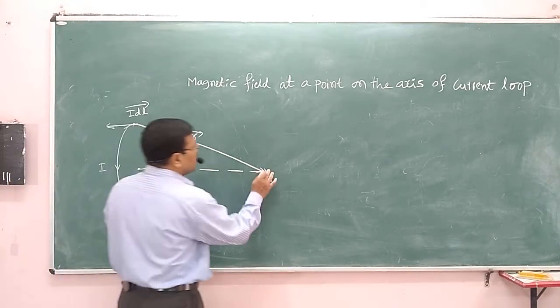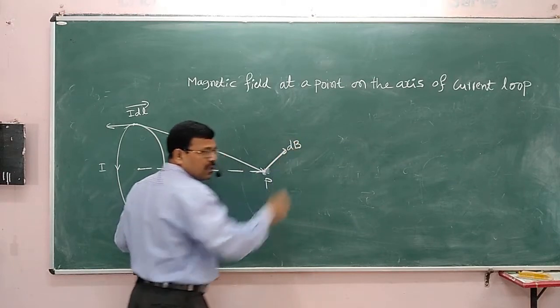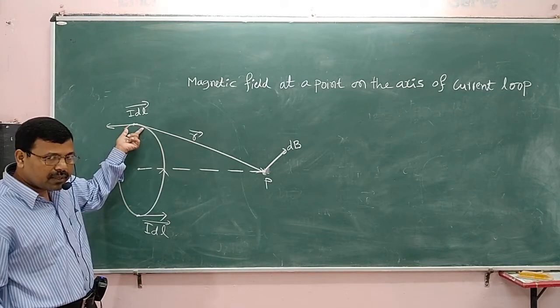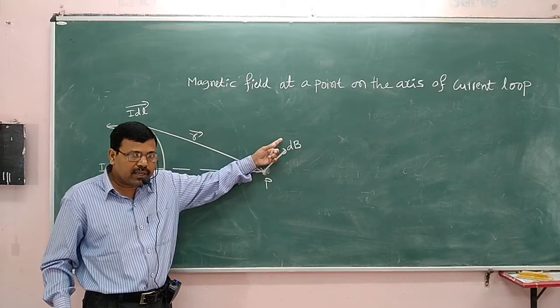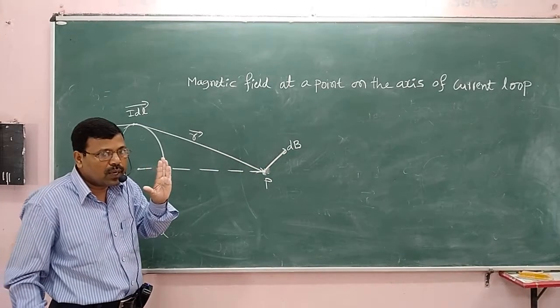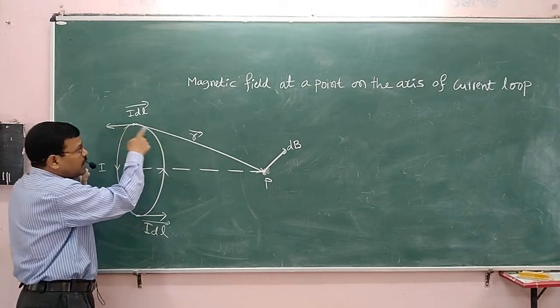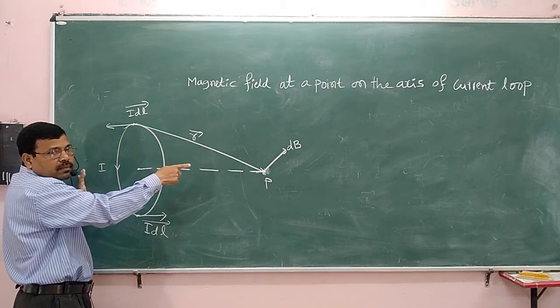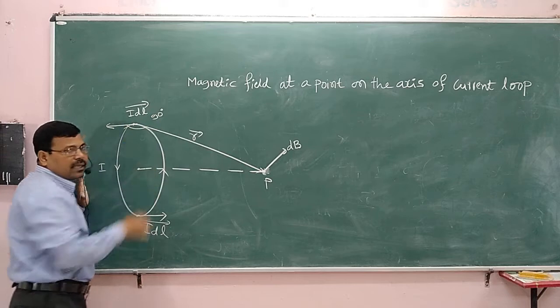So this will be the direction of the magnetic field produced by this current element. As we know, the direction of the magnetic field is always perpendicular to the plane containing IDL and R. IDL and R are two vectors and the angle between them is 90 degrees.